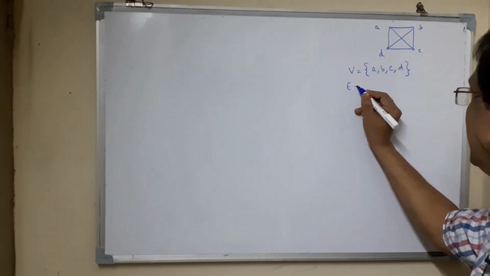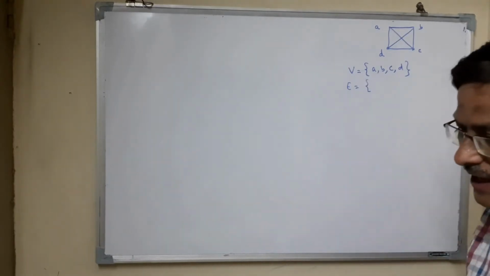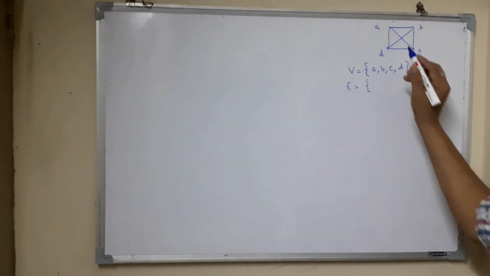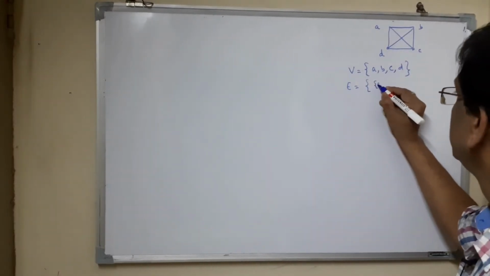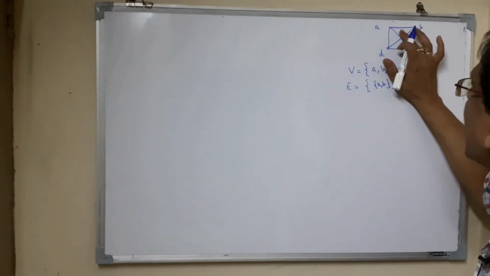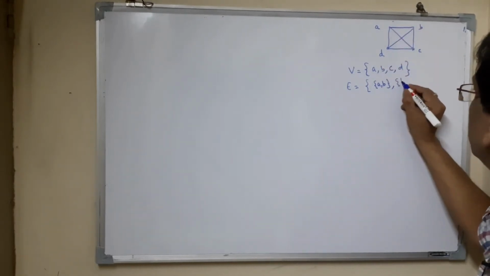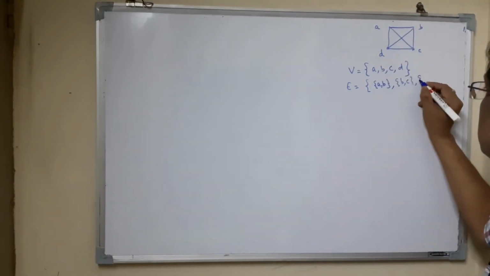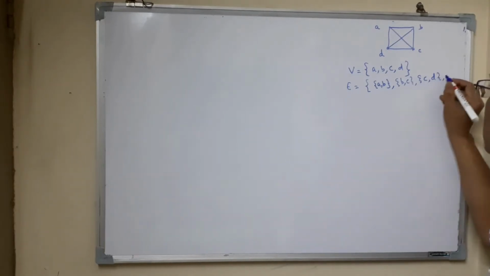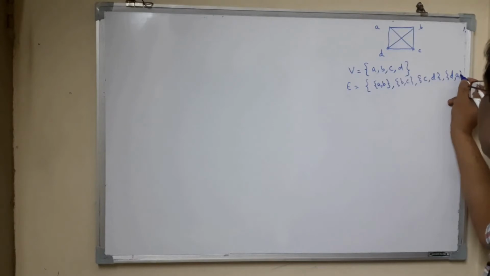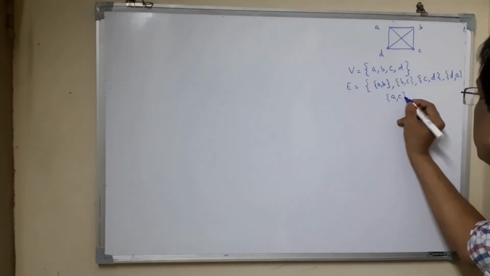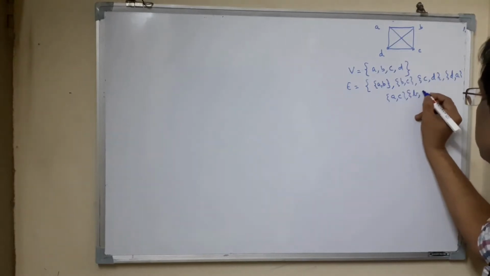And I have to write E. What is E? E is the set of edges. Set of edges means I have to write down in terms of 2-element sets. A, B, because there is a line between A and B. B, C, C, D, D, A, then A, C, B, D.